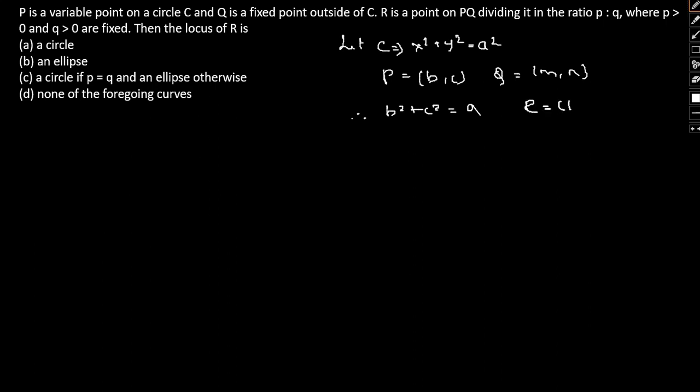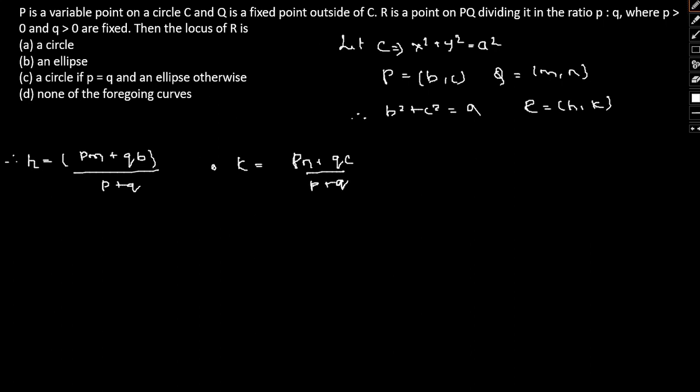Let R be (h, k). So therefore h will be (pm plus qb) by (p plus q), and k will simply be (pn plus qc) by (p plus q).